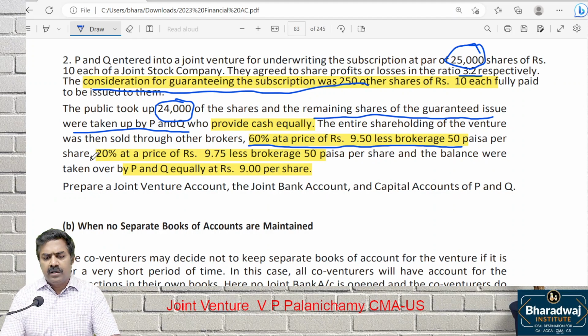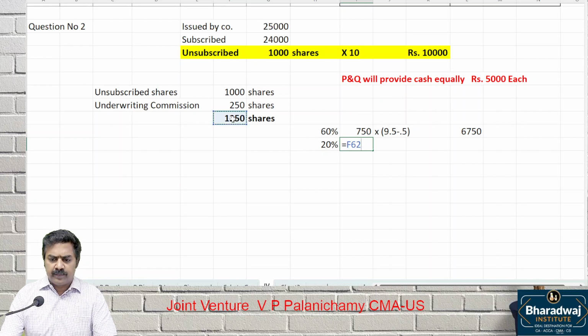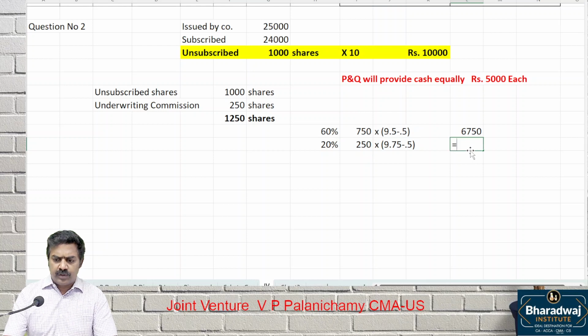Then 20% of shares were sold at a price of 9.75 minus brokerage. That means 20% of 1,250: 250 shares are sold at the rate of 9.75 minus brokerage of 0.5. So 250 into 9.25. This is sold.